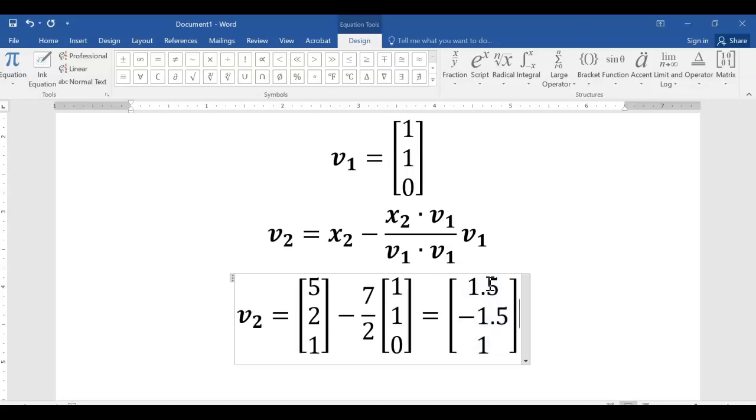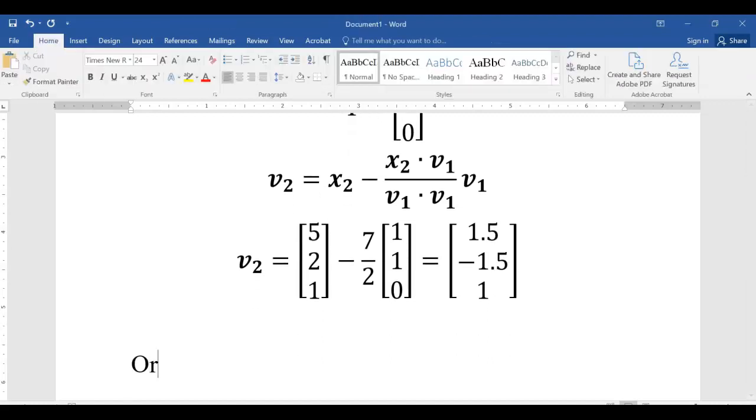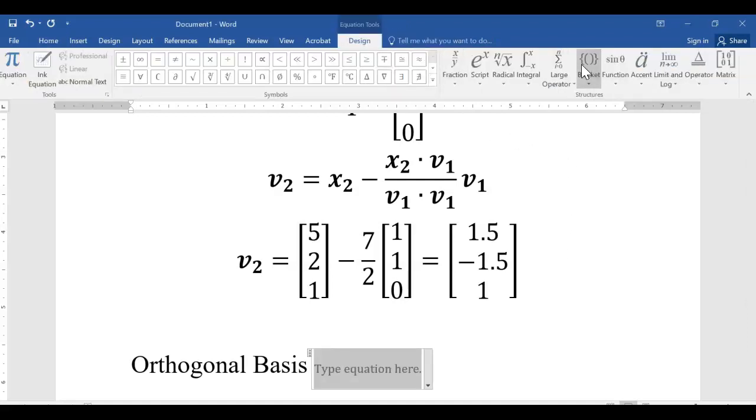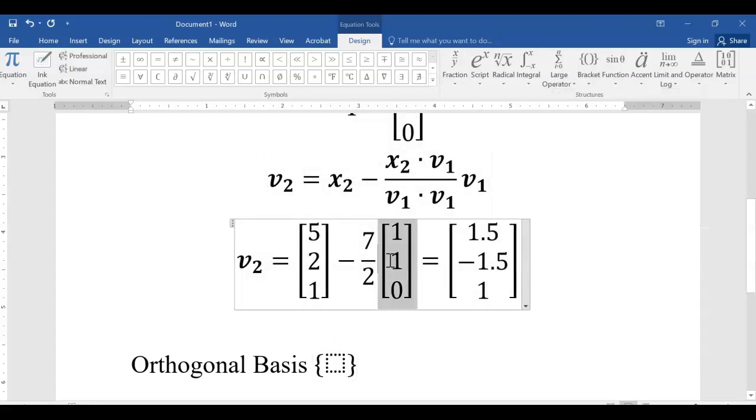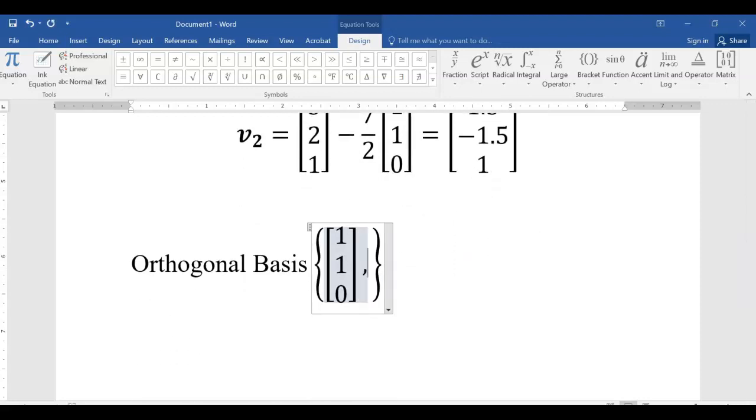V2 is 1.5, negative 1.5, 1. So what we've done is we've just created an orthogonal basis for my subspace, and my orthogonal basis is going to be the set containing V1 and V2.